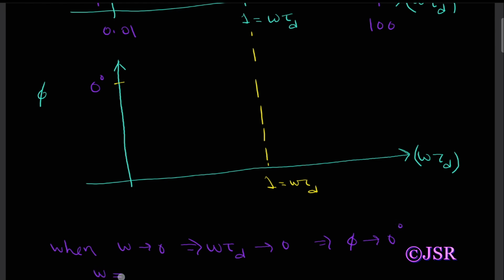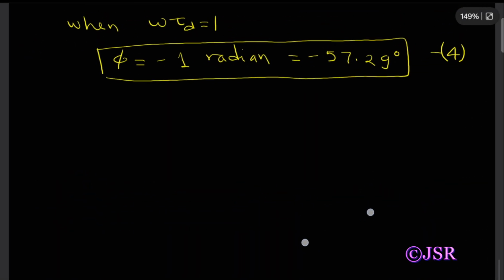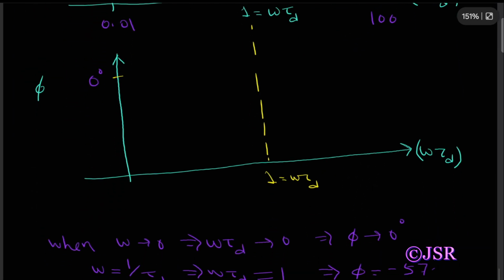When omega equals 1 upon tau d, it means omega tau d equals 1, and in that case phi will be equal to minus 57.29 degree.